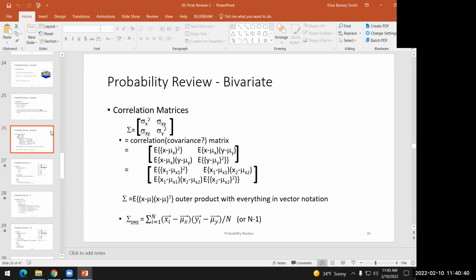Then for the top left, for sigma x squared, we're just going to take M00 minus the mean of M00.